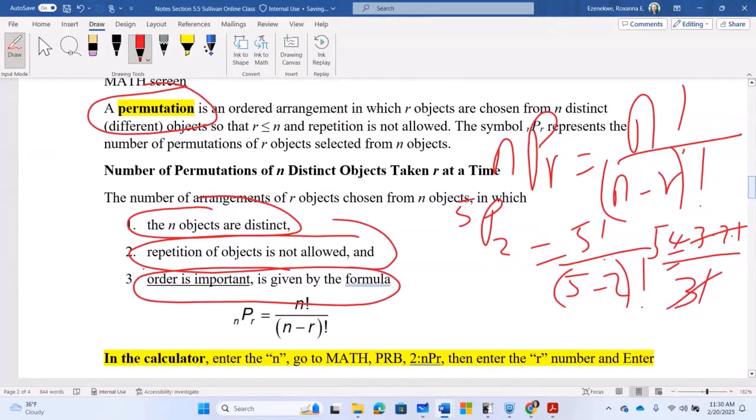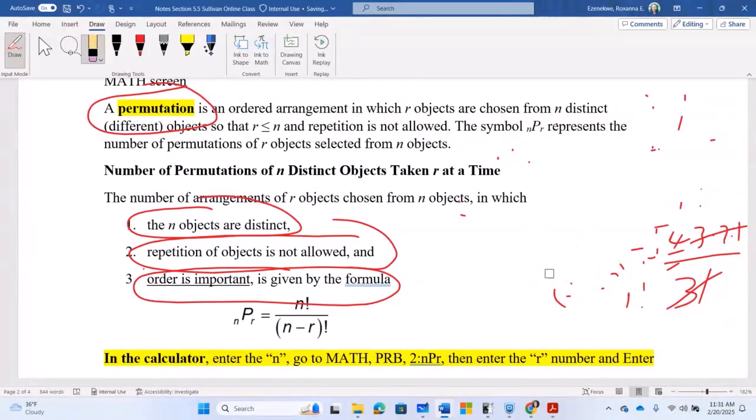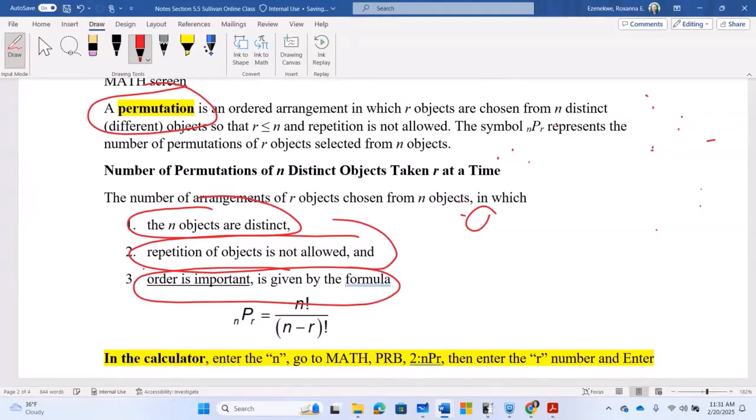So let's get an example. I'm told that the objects must be different, so I'm going to choose 3 letters, A, B, C. A, B, C are 3 letters.